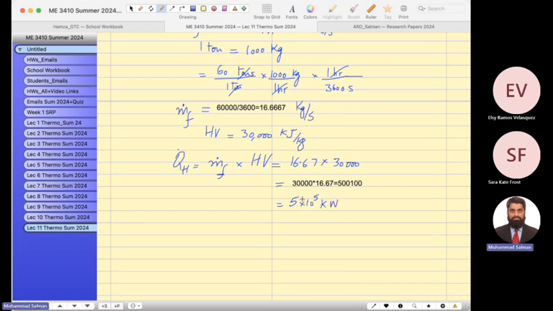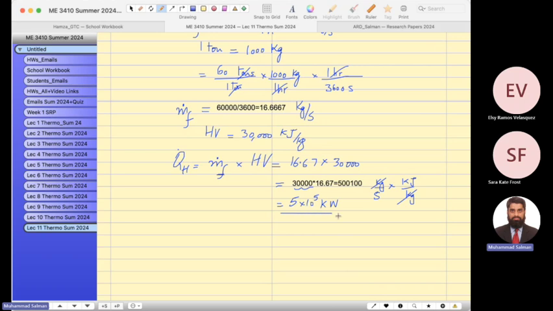This is in kilowatts, correct? How is it in kilowatts? Let me show you over here the mass flow rate of it, it is kilograms per second, and this one is kilojoules per kilogram. Kilogram cancels kilogram, you are left with kilojoules per second, which is kilowatts.